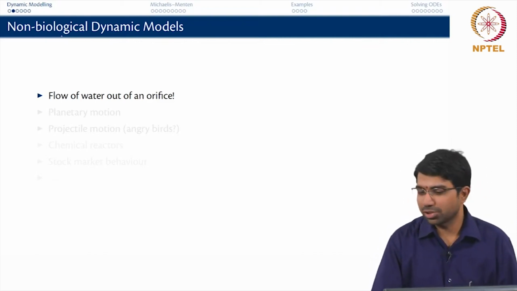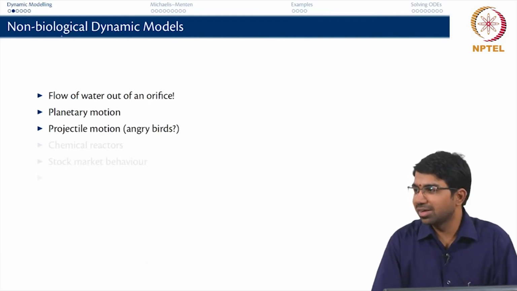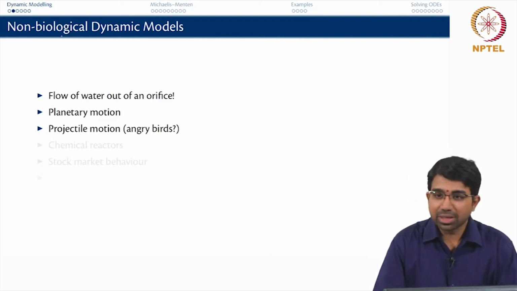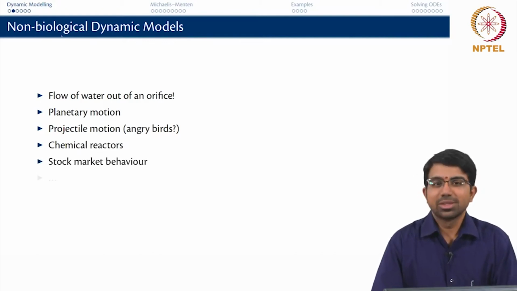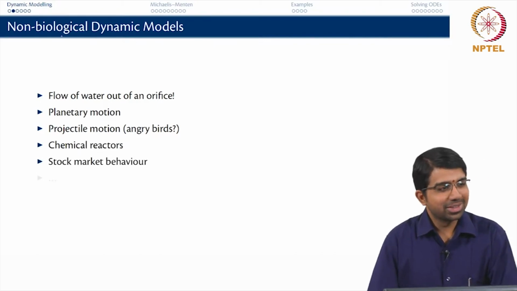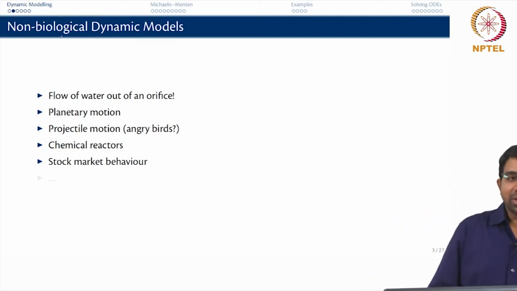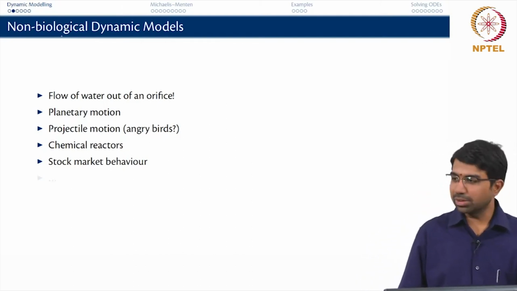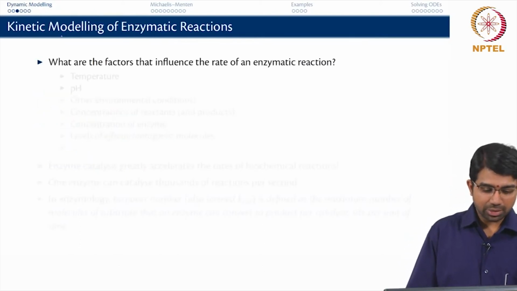Planetary motion for sure, and projectile motion, like Angry Birds and so on, and chemical reactors, and very importantly in today's context, stock market behavior. This is what is very popular in the job market these days. So, how does the stock market behavior change with respect to time? How does the price of a particular stock vary with respect to time? So, these are non-biological dynamical models.